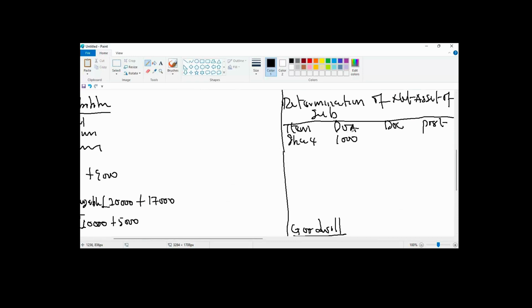Does it have share premium? Yes, 8,000. You will have big share premium. Retained earnings, 42,000. Assets at SOFP is 60,000.